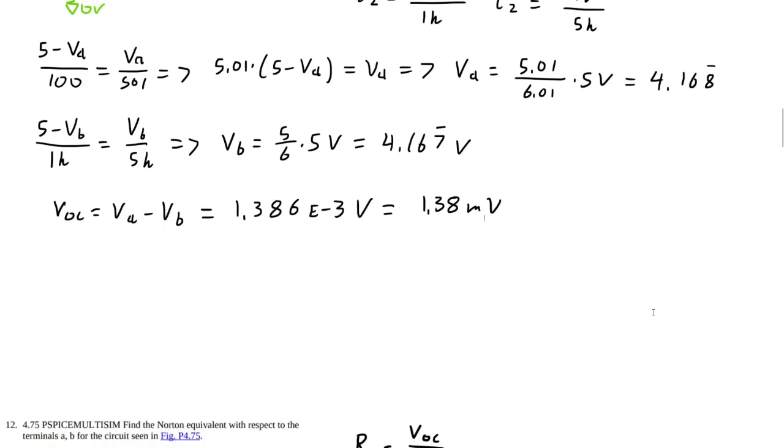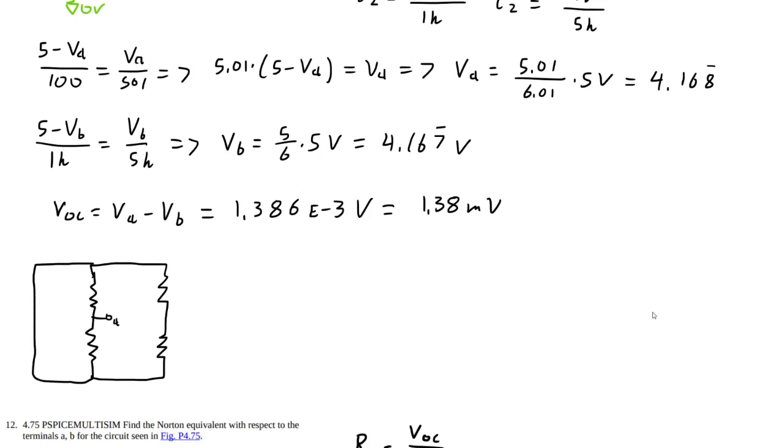Now we've got to calculate our Thevenin resistance. So to do that, we're going to redraw the circuit. We're going to turn off the independent sources. And to do that, let me first draw the resistors. We're going to short the voltage source. Here's terminal A, here's terminal B. We have 501, we have 100, we have 1 kilo ohm, 5 kilo ohms.